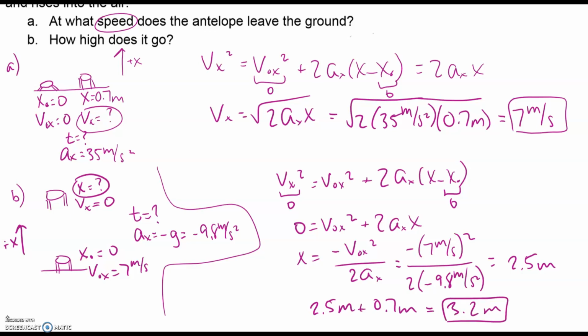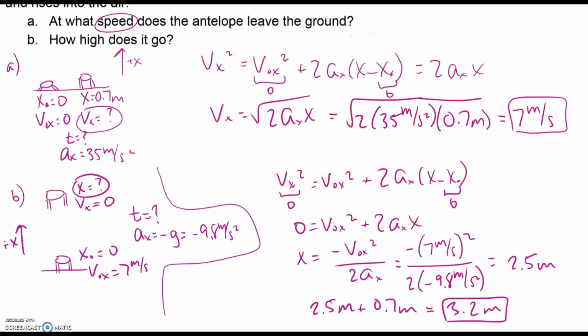Now, something I just want to mention before we finish the problem, if we were solving for time, another typical type of question asked for this might be for how long is the antelope in the air? Well, this problem doesn't ask for it. There's a couple ways you could solve this. You could solve that by calling the initial location of the antelope, kind of like we did in part B here, where its legs are completely stretched out.